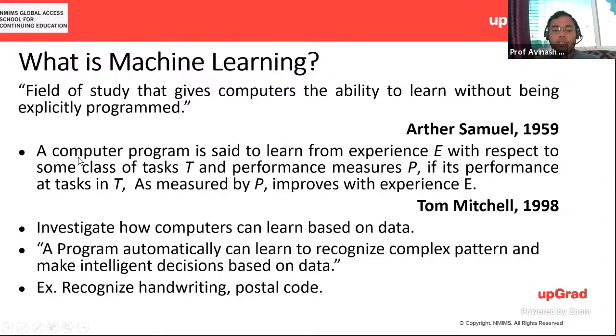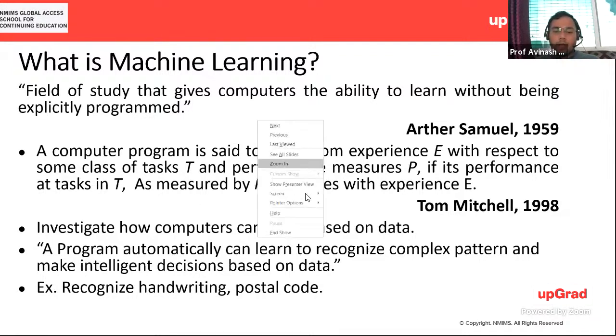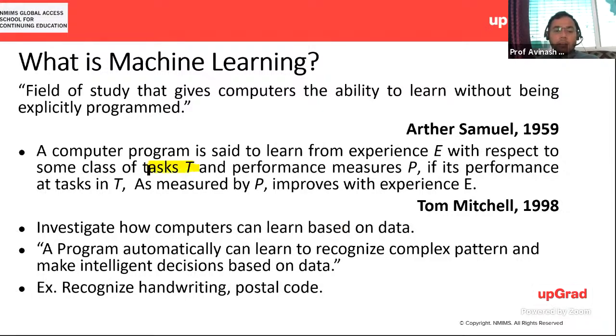One more definition, which is a very good definition, is given by Tom Mitchell. Tom Mitchell says, suppose you are doing any task T with experience E, your performance should increase, right?